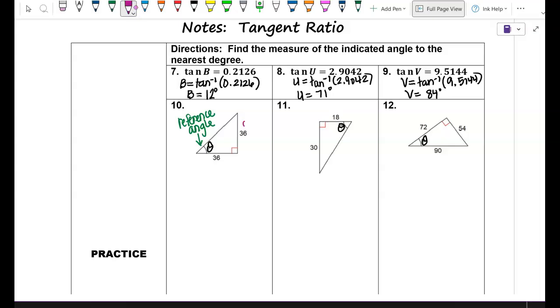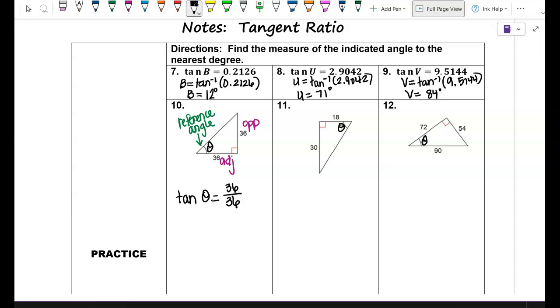Across from theta would be my opposite. Next to theta would be my adjacent. So this sets up that the tangent of theta equals the opposite of 36 divided by the adjacent of 36.